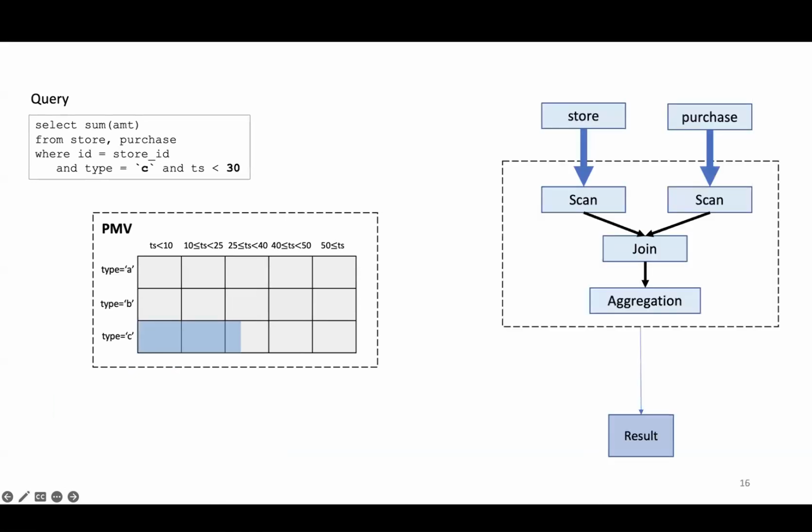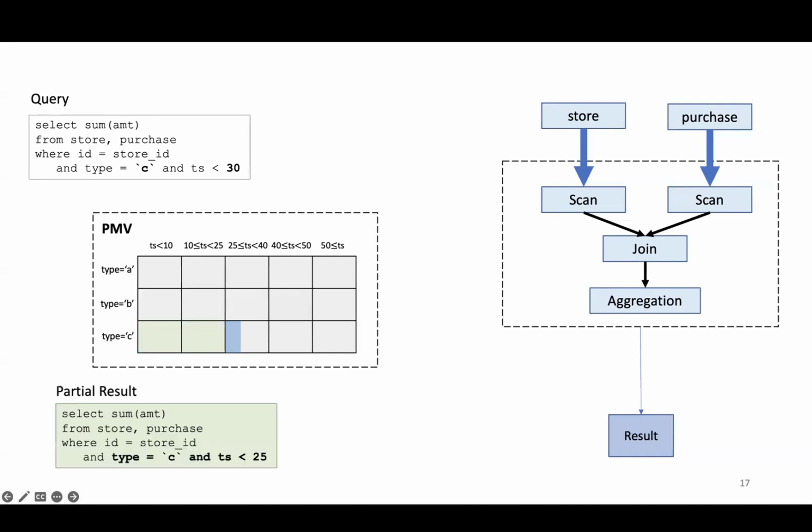Now imagine we substitute values into the template parameters to produce an actual query, which filters for type equals C and timestamp less than 30. The query's filter is visualized in blue, and the query execution flow is shown on the right. So SageDB at runtime is able to automatically detect that two PMV grid cells are subsumed in the query filter, namely the two highlighted cells in green.